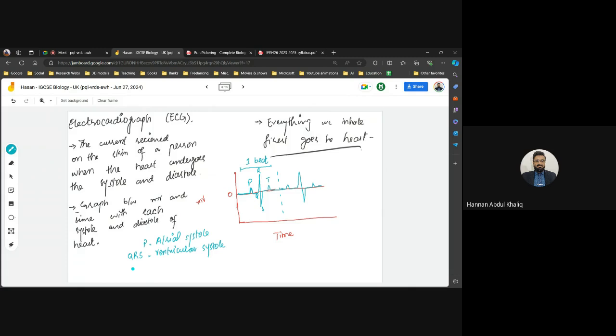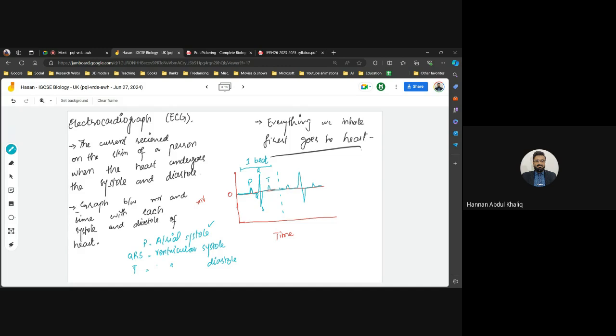And the T is the current you are getting during the ventricular diastole. So you'll be receiving the current of P when your atrial systole happens, QRS when the ventricles are in systole, and then T is the ventricular diastole.